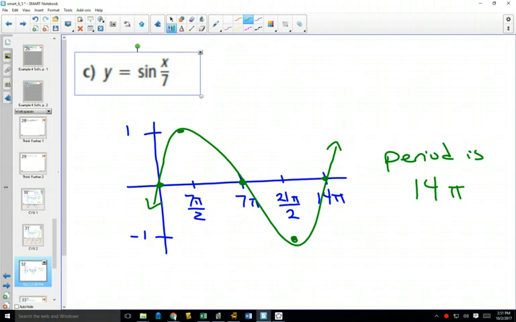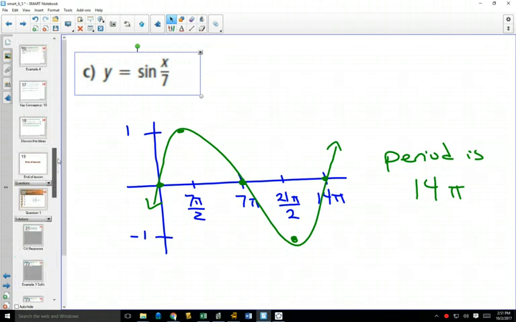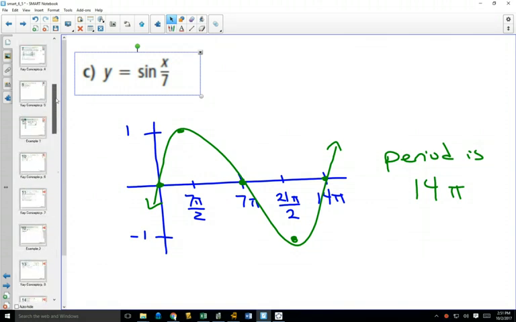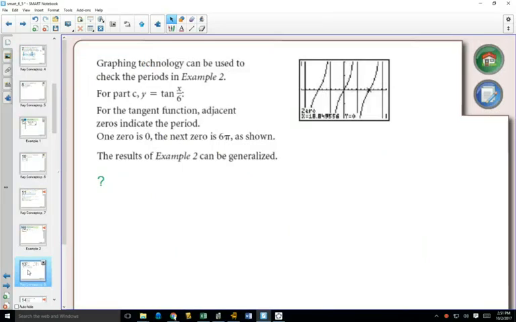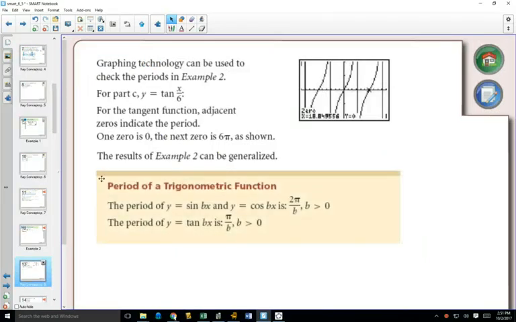Now at the bottom of the page, they have a couple of formulas for you in that little yellow box. For sine and cosine, they have a formula, so let's write this off to the side.